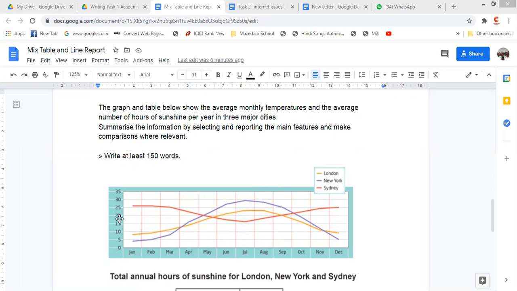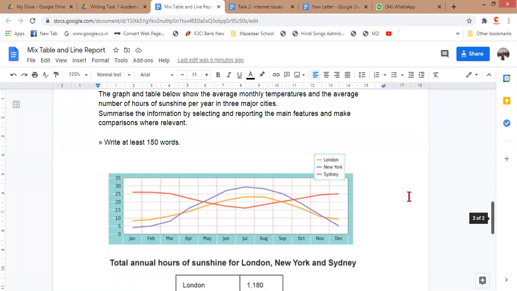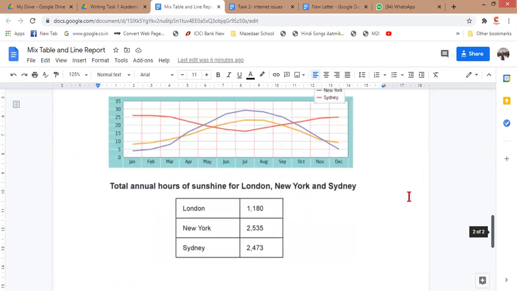Units are measured in Celsius, while the table shows yearly hours respectively in three cities. Great.